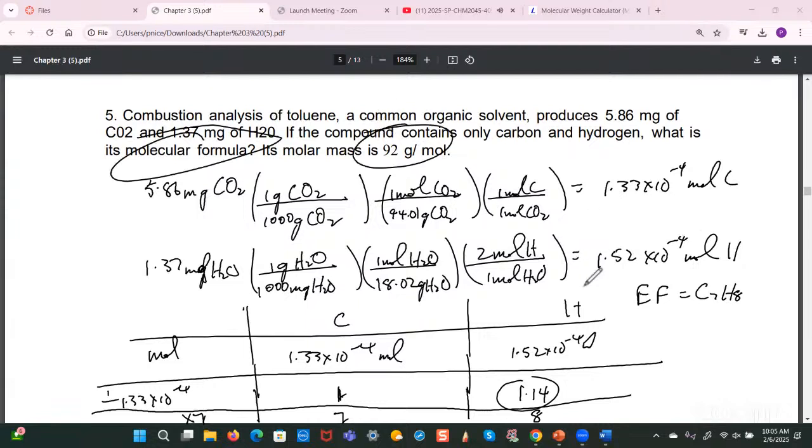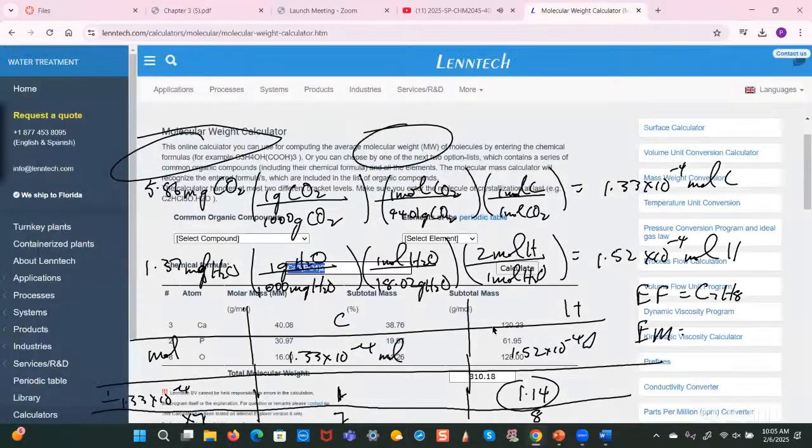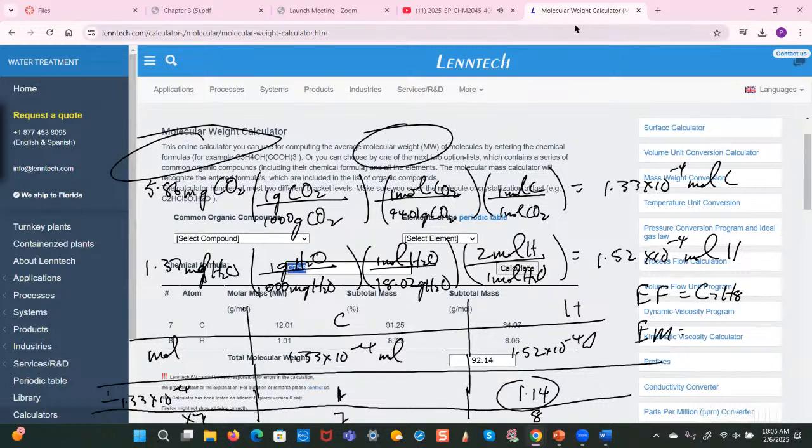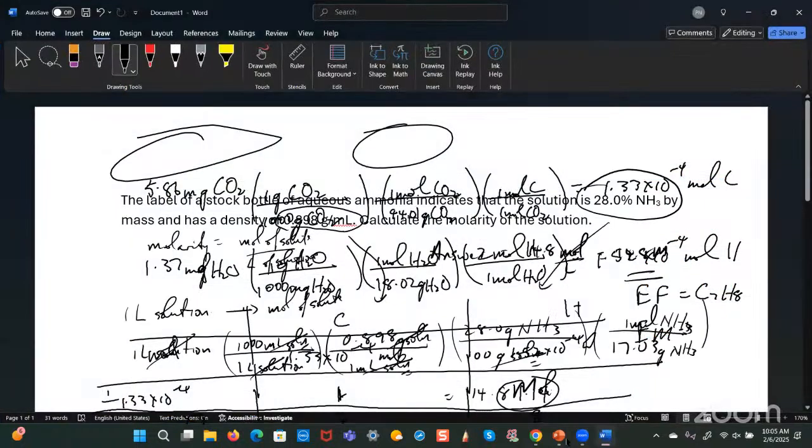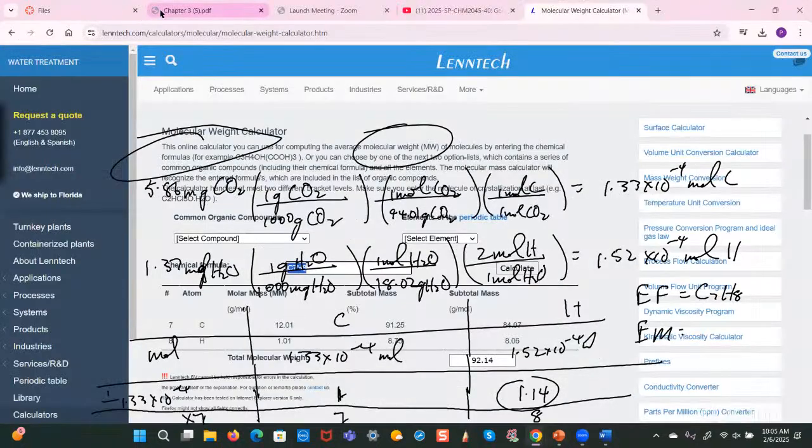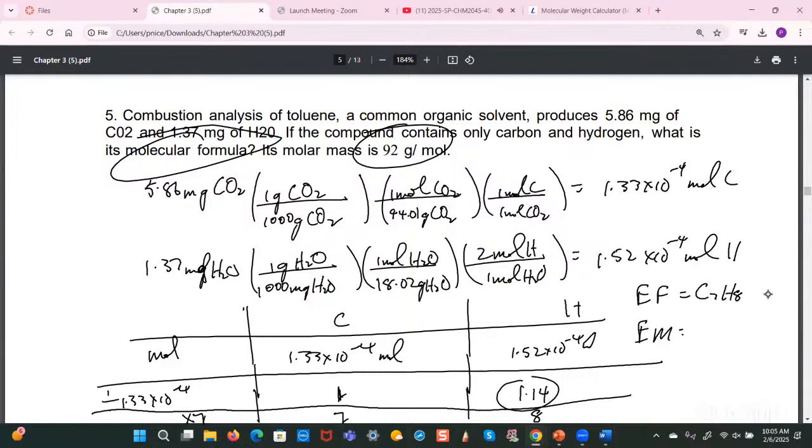Now the question is asking for the molecular formula, right? And they gave us the molar mass. So what we need to do now is find the empirical mass. So for C7H8, calculate, 92.14 grams per mole is the empirical mass, and the molar mass is 92.